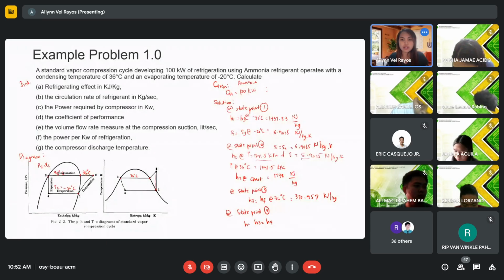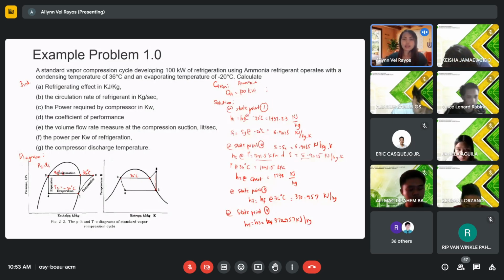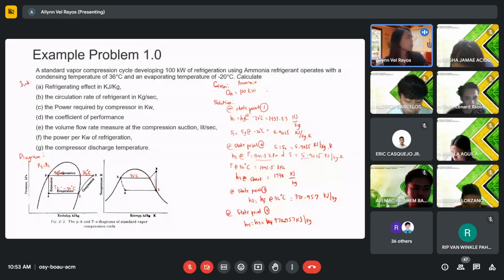H4 is equal to H3, which is equal to 370.957 kilojoule per kilogram. Okay, clear ba tayo sa pagkuha ng enthalpy? Any question? Clarification?